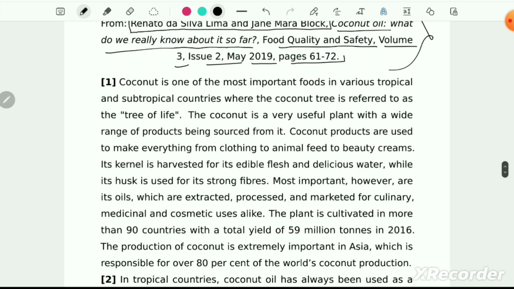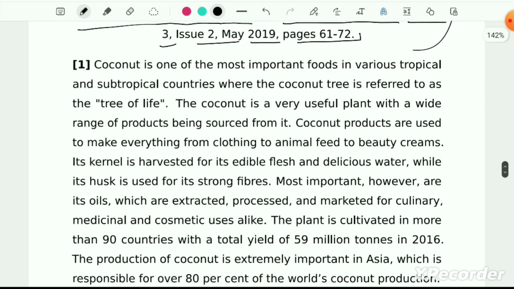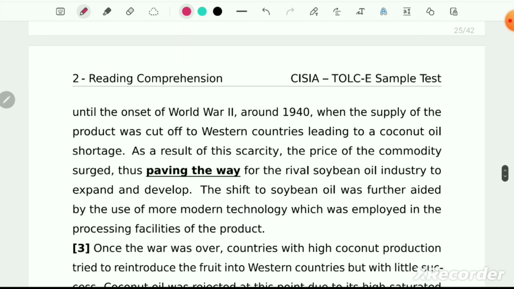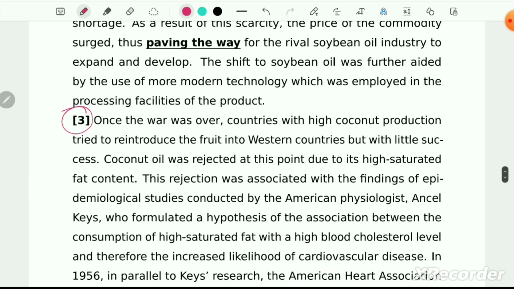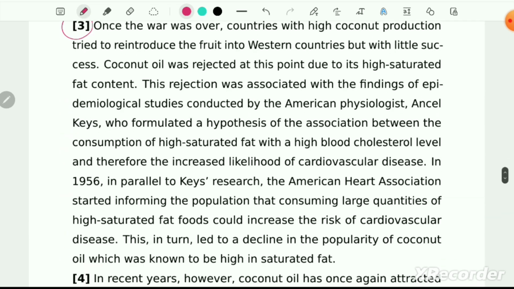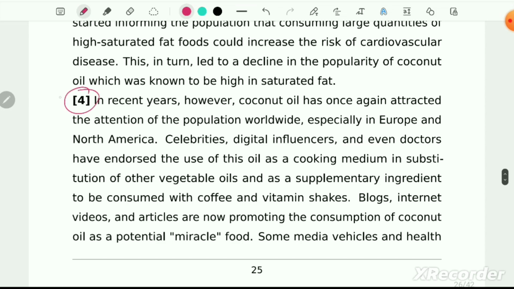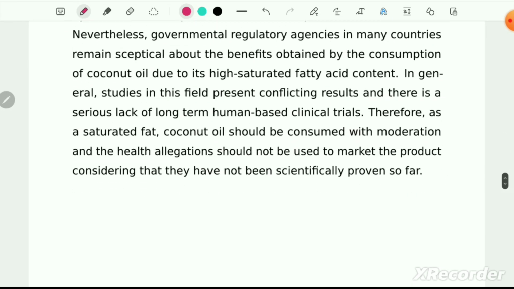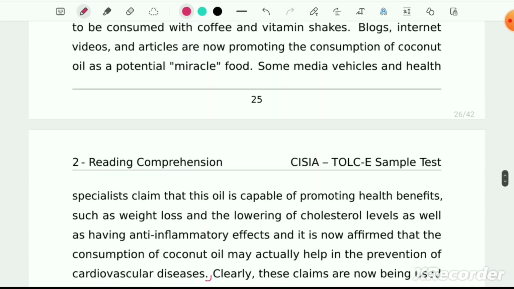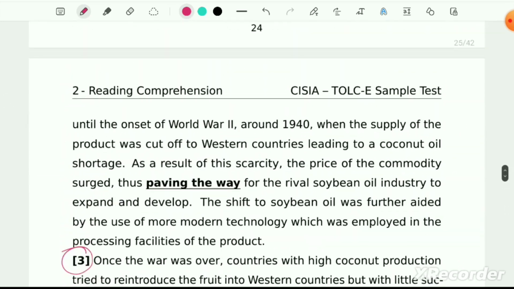This particular text has how many passages? We'll notice from here, passage 1, then passage 2, 3, then passage 4. So there are 4 passages, and let's skim it first.